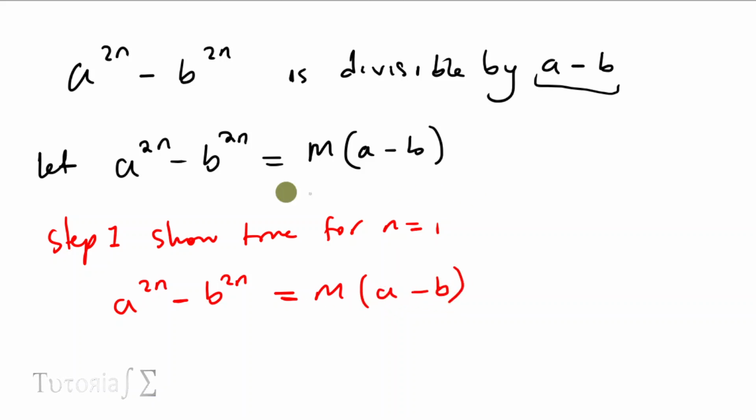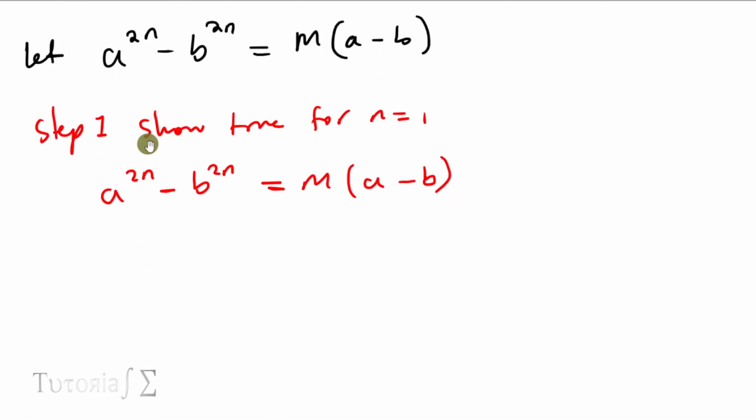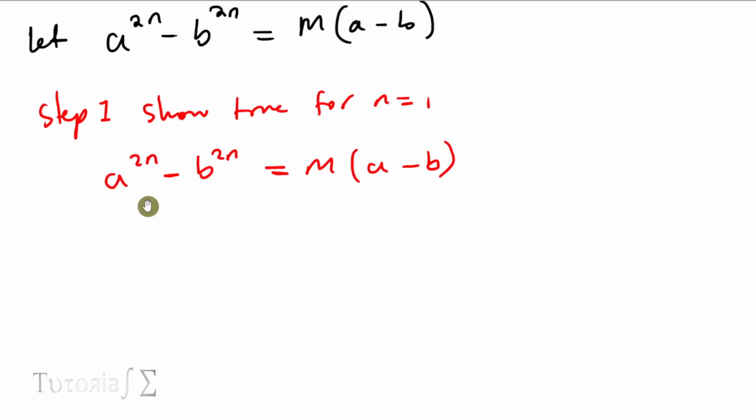Okay, so remember, we let m be some number such that when we divide this number and this number, that number is not a quotient. It's just a real number. It's an integer. Let me write here: m is an integer.